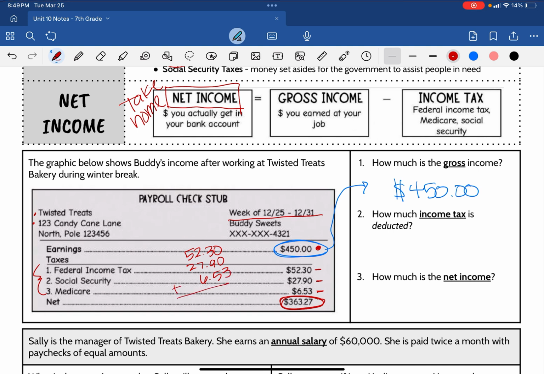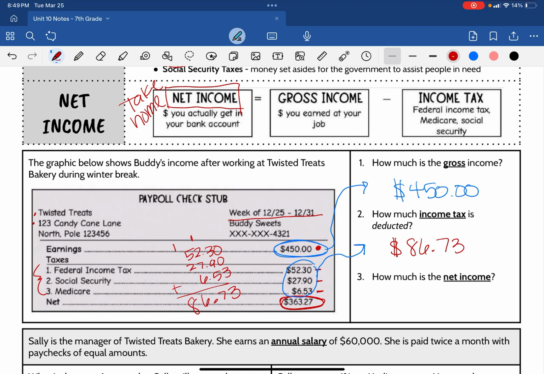When I add all those together, his income tax was $86.73 because that is all of these added together. That's going to give you your income tax, okay?